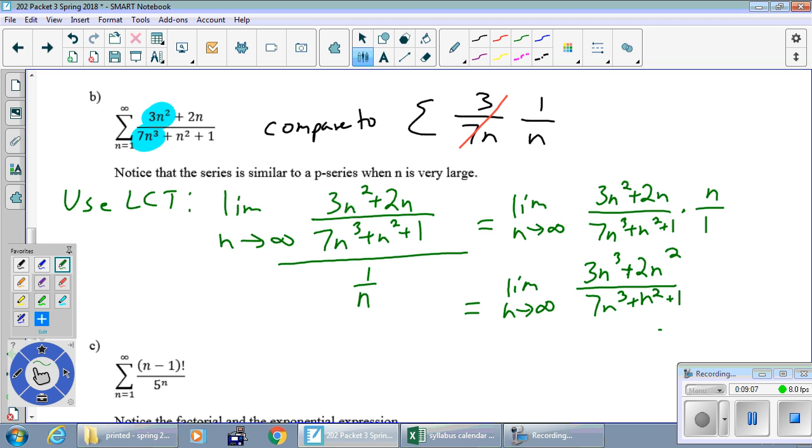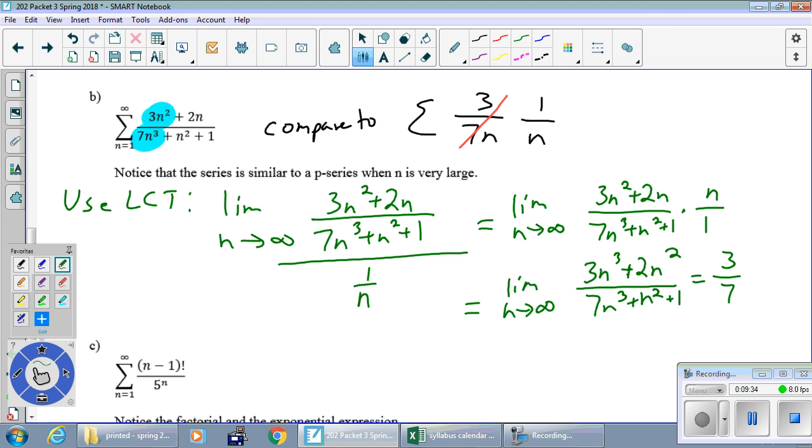And now we get a limit that we can calculate. And so this is an easy pre-calculus limit idea here. We're just comparing the highest power top and bottom. In this case, it's a tie. Power is 3 for both of them. And when it's a tie, that means that the limit, the final answer, is just the quotient of the coefficients, the leading coefficients. So 3/7 is our limit here.